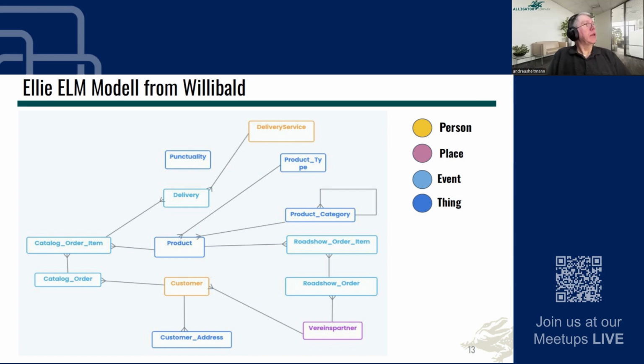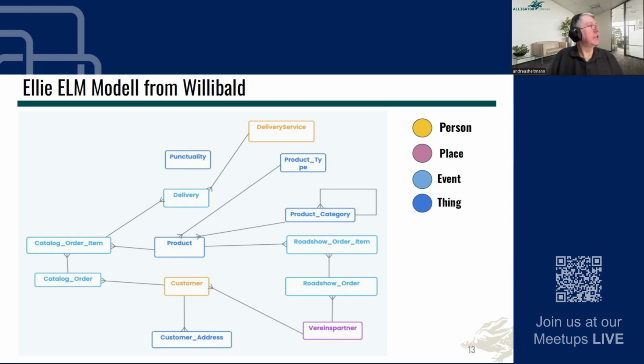Okay, and at the end, here you see the whole Elm model from Ellie with the Willibald project. Here you see the three events.